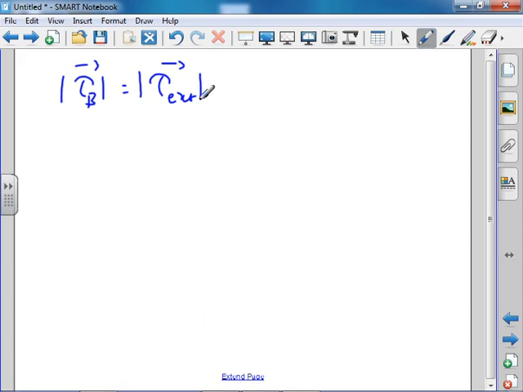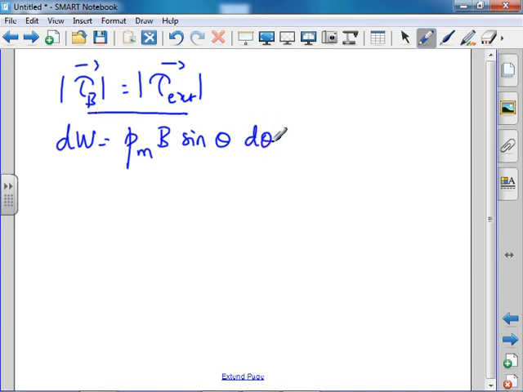Then work done dW is equal to, in place of tau external we put PMB sin theta, because both the torques are equal. That is the value of tau B, into d theta, where d theta is the angular displacement.